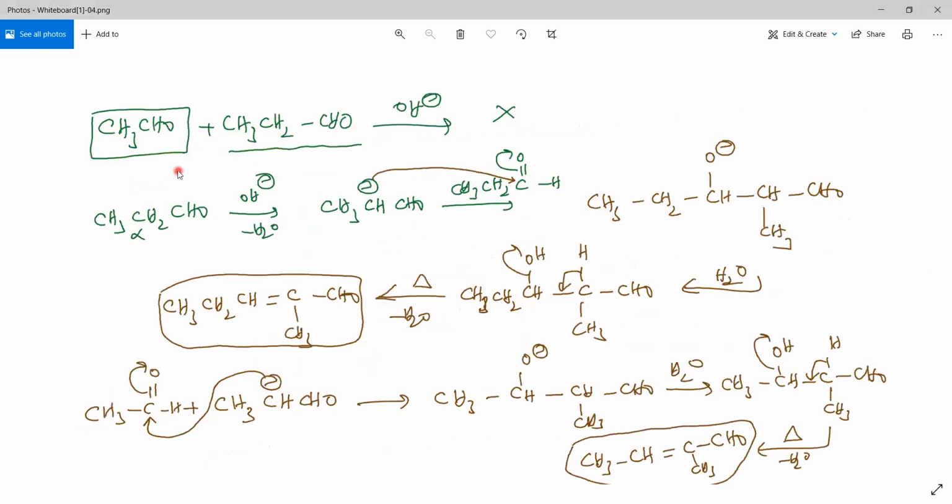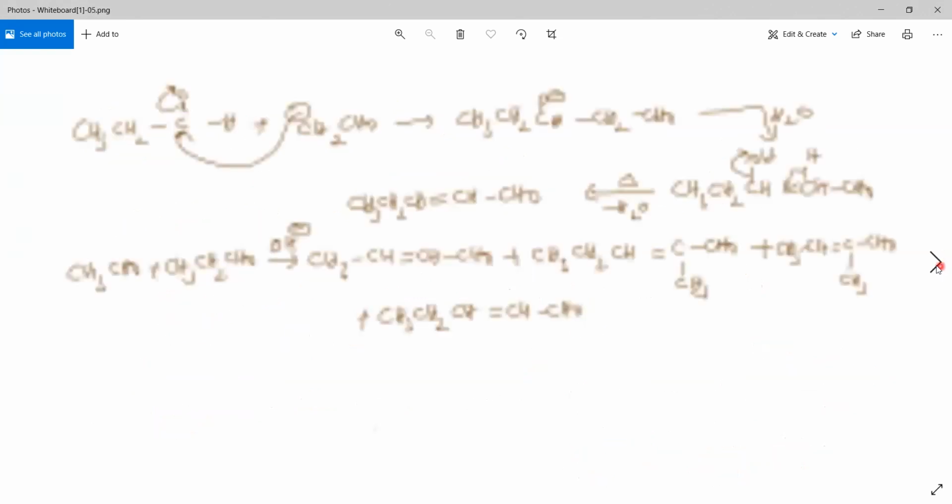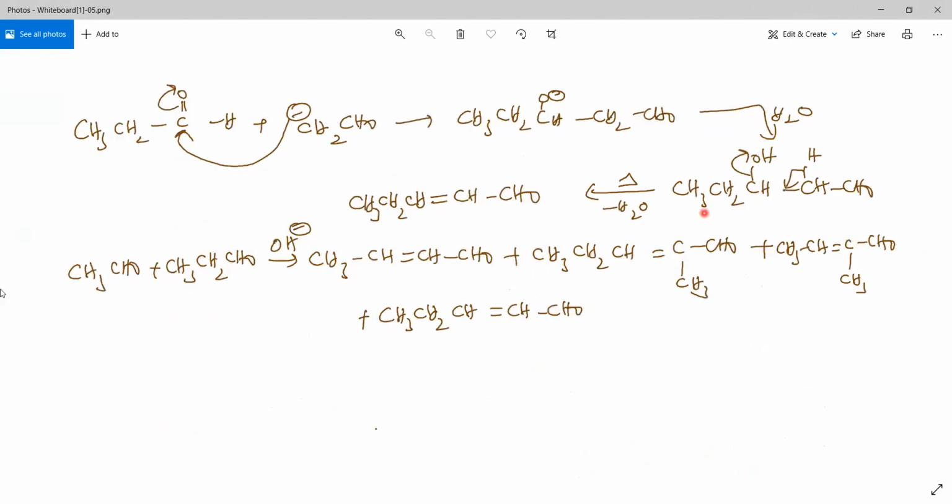Then you will get a total of 4 products. The mechanism is the same, there is no change in it. You can check that later, I'll send you those notes. So you get a total of 4 products.